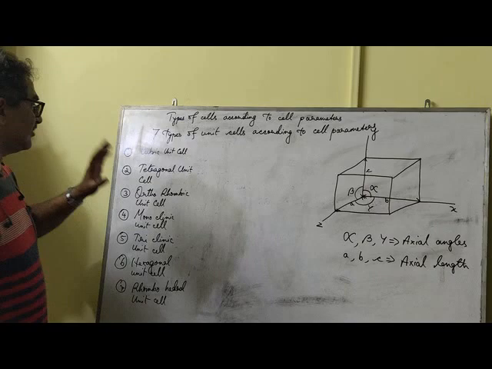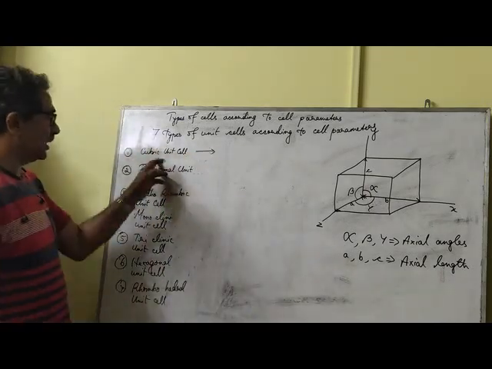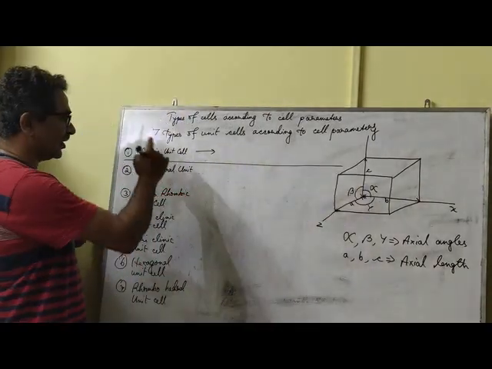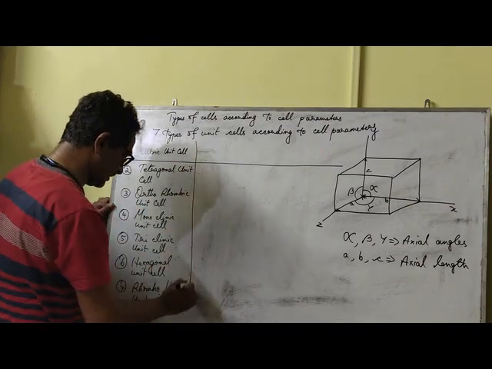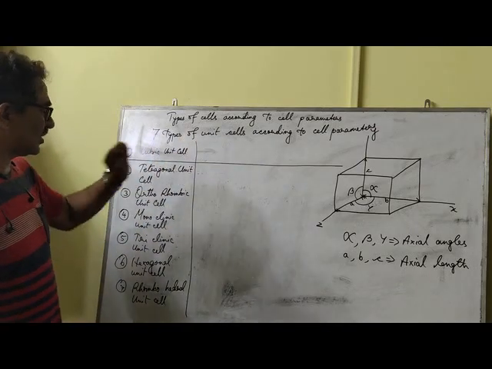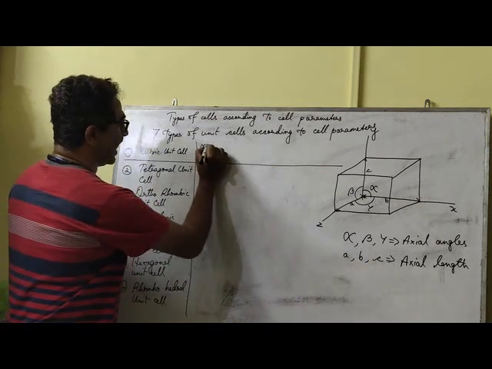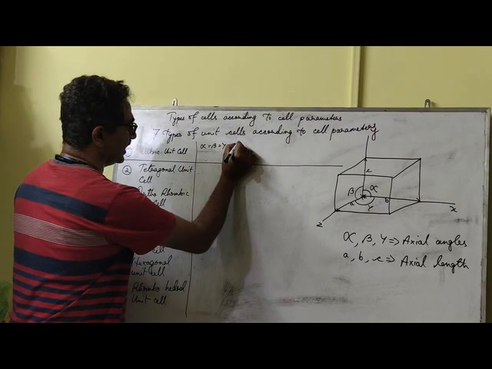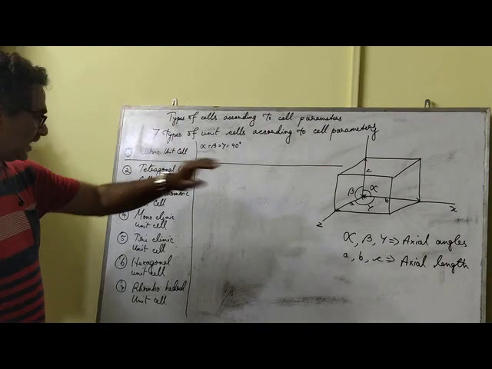Now we are going to see the different cell parameters. So for the cubic unit cell, let me draw a line this way for us to easily distinguish. Here the axial angles alpha, beta and gamma are all equal to each other, and all are 90 degree.